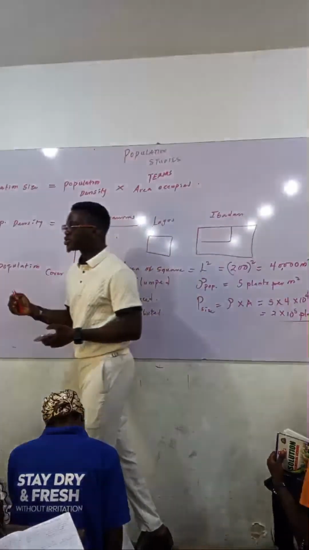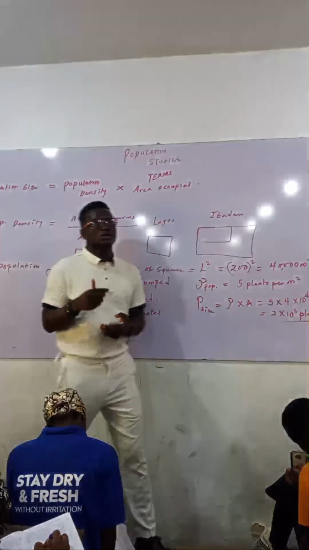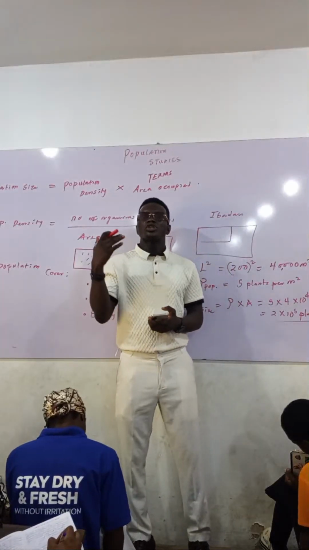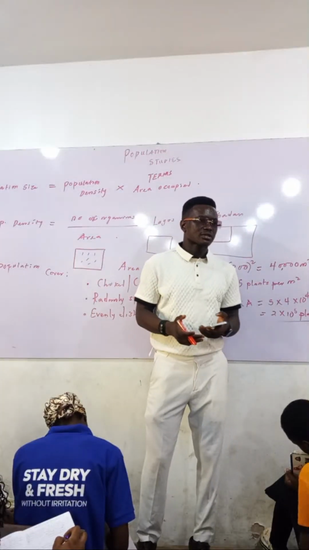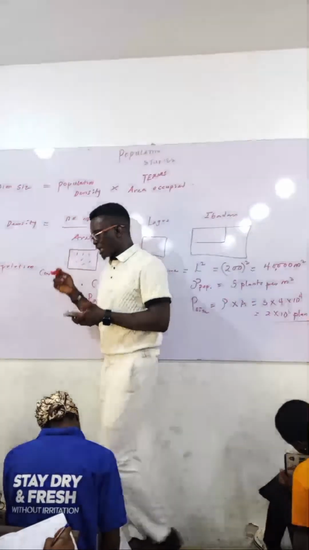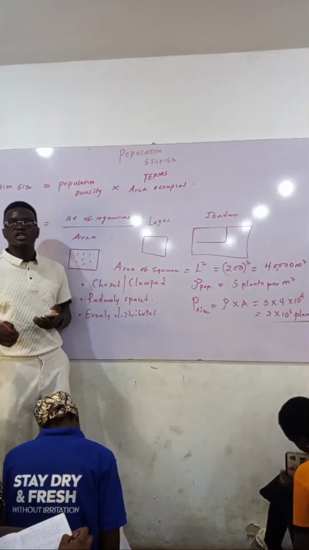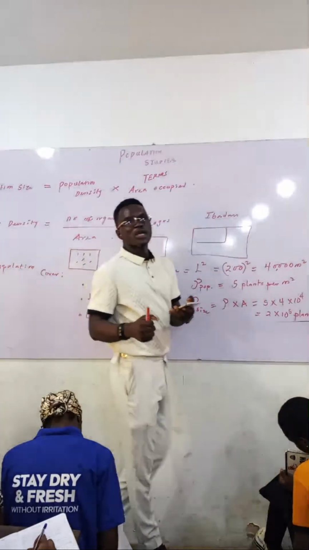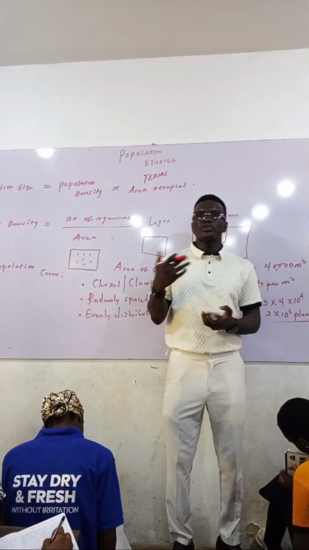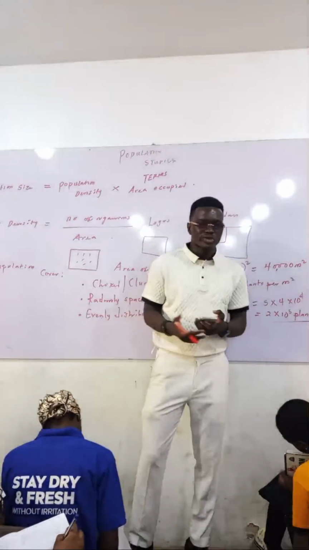If a population size doubles at constant rates for a given time, this is referred to as exponential growth.